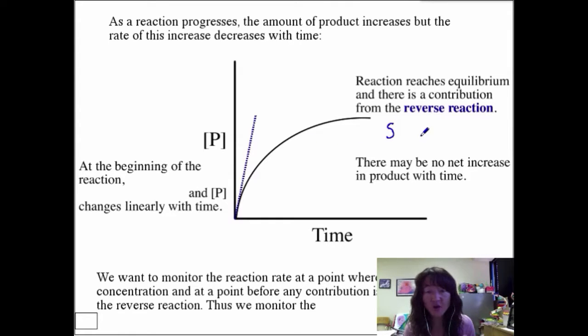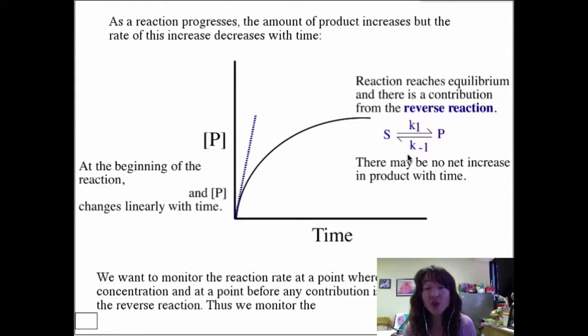At first, we were considering only the reaction by which substrate was converted to product, but we now recognize that this becomes an equilibrium. And with time, the reverse reaction begins to contribute. We're now looking at an equilibrium being reached where product is converted back to substrate. We're getting a contribution from the reverse reaction when we hit this flattening point in the curve.